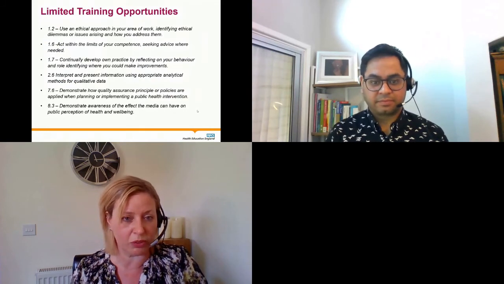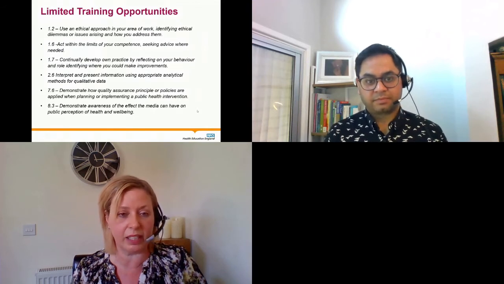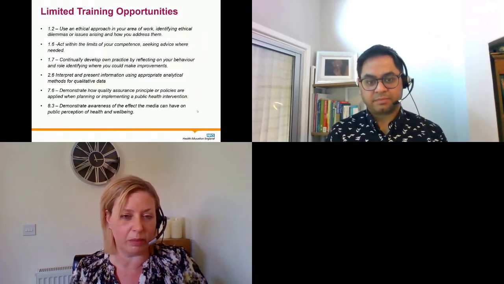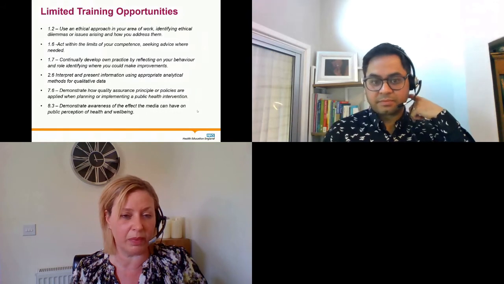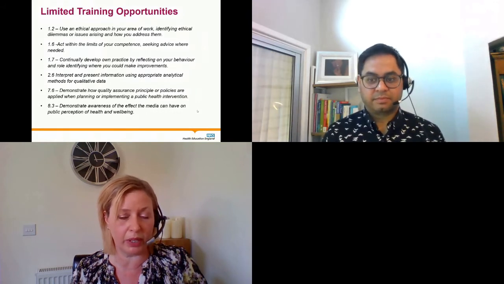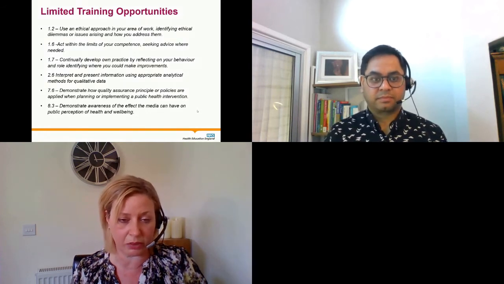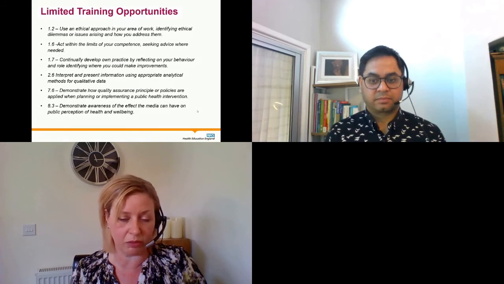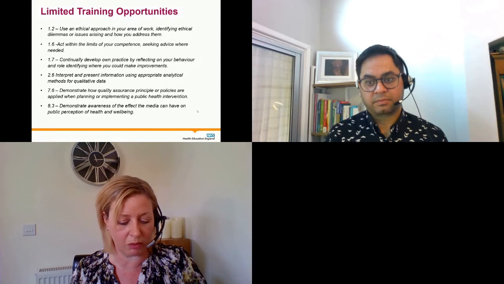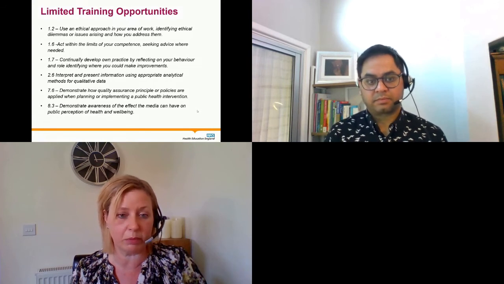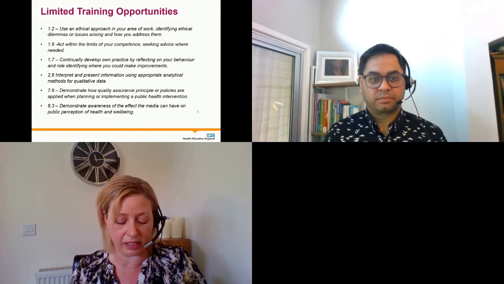So I'm not going to talk through each one individually, but what I would say is that 1.6, 1.7 and 8.3, when we looked at those, we decided that actually those could probably be addressed by practitioners within their organisations, whether that be through team building exercises, through in-house training by that particular organisation. But the three that I want to highlight specifically are 1.2, 2.6 and 7.6, and they are ethics, qualitative research and quality assurance.